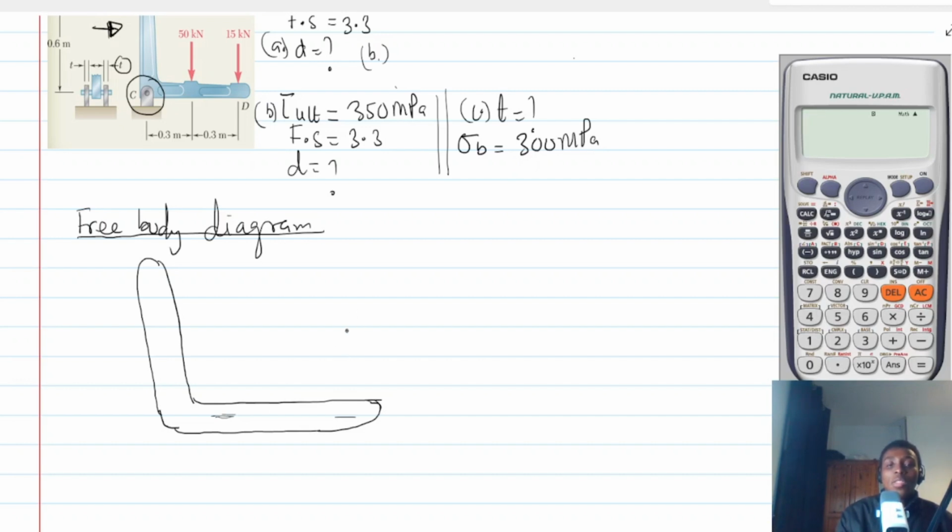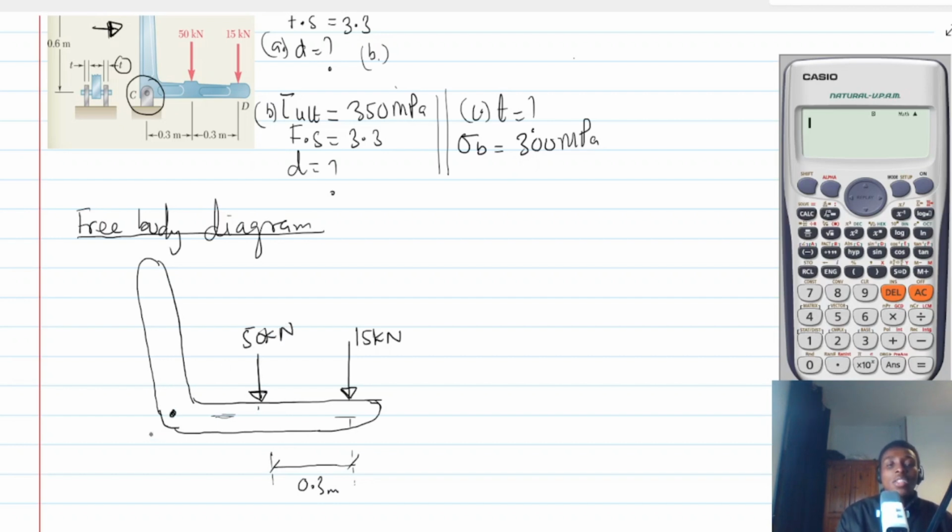There is a load which is applied here at this point. So let's call it 15 kilonewtons. There is a distance all the way to this point, which is 0.3 meters. Now, at this point, there is a 50 kilonewton force here.